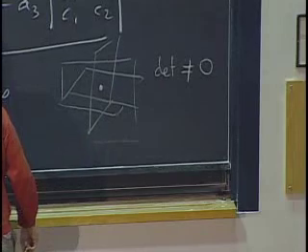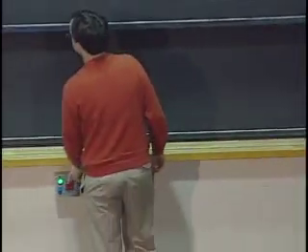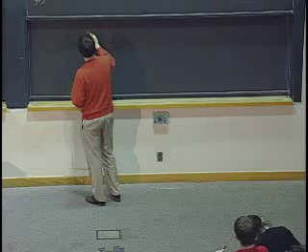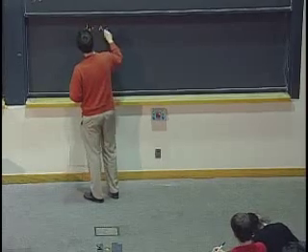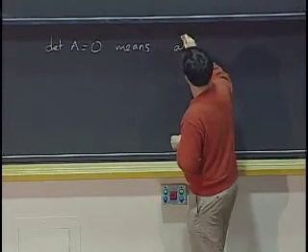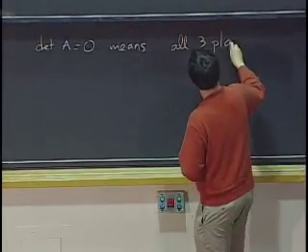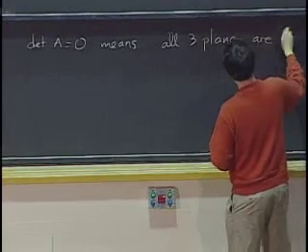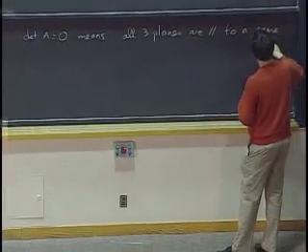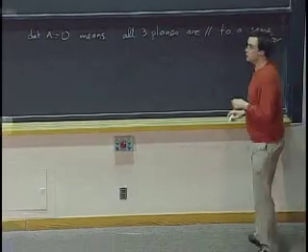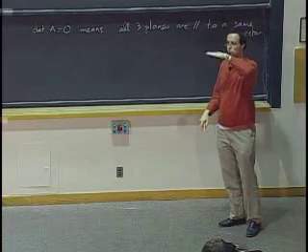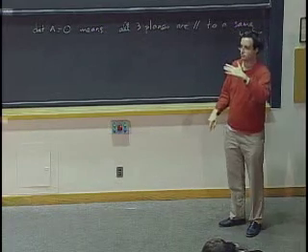However, sometimes it will happen that all the planes are parallel to the same direction. So determinant A equals 0 means the three planes are parallel to a same vector. And in fact, you can find that vector explicitly because that vector has to be perpendicular to all the normals.